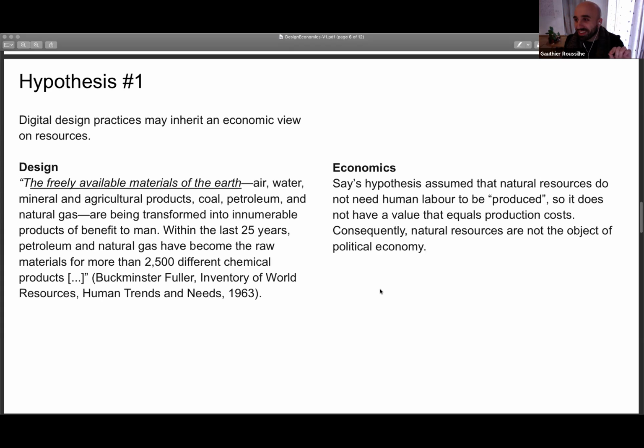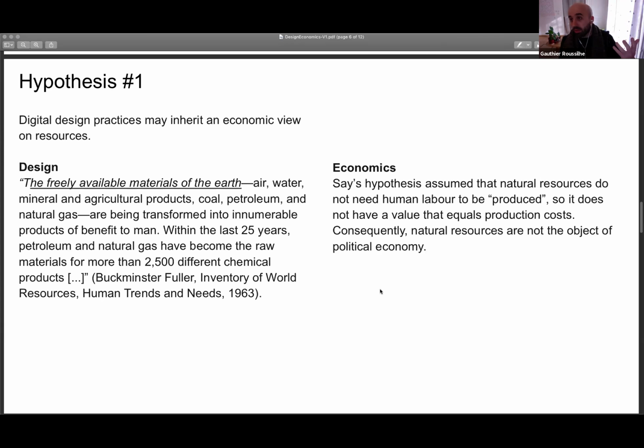How come we can think that it's free and available to everybody? That's quite interesting to think about. So I pinpointed that, and I tried to look in economics where I could find the first occurrence of the same idea. And I found it in the work of a French economist called Jean-Baptiste Say.